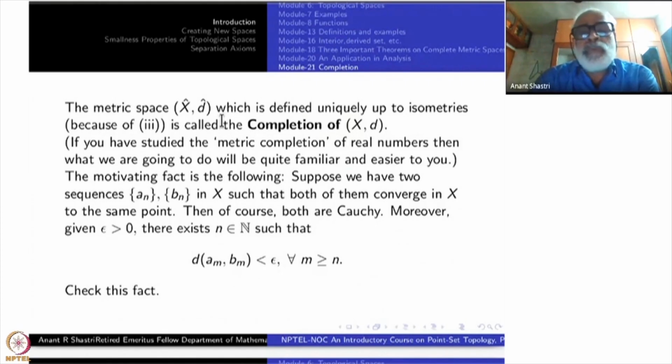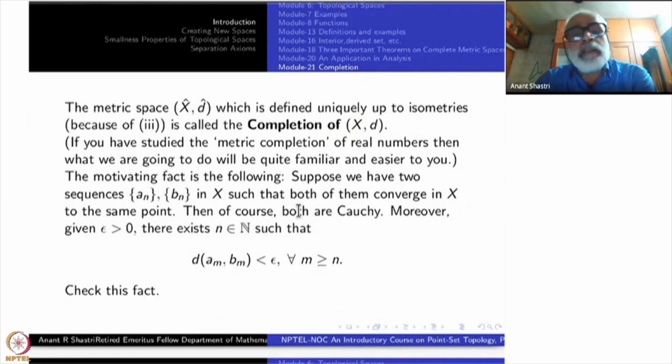On the other hand, if you haven't done it, at least half of that part you will be learning today. I will not do the latter half, but later on, if time permits, I will explain how that is also done in the case of real numbers. So what I mean to say is, you start with the rational numbers with the standard distance metric, that we know is not complete, right?